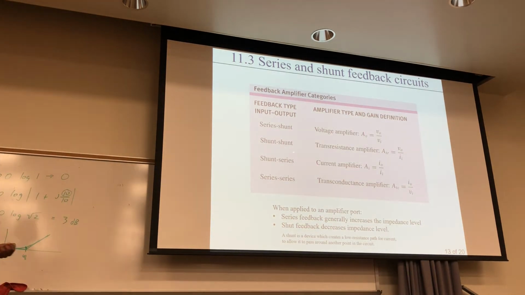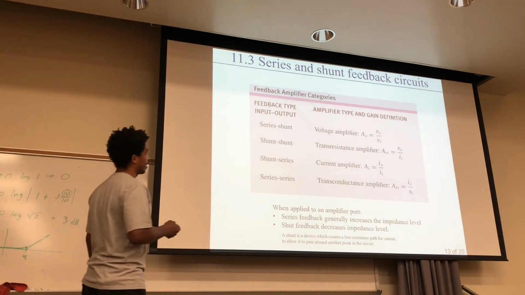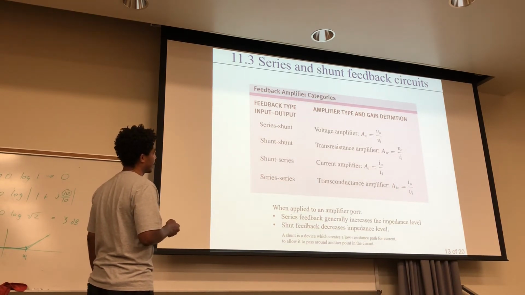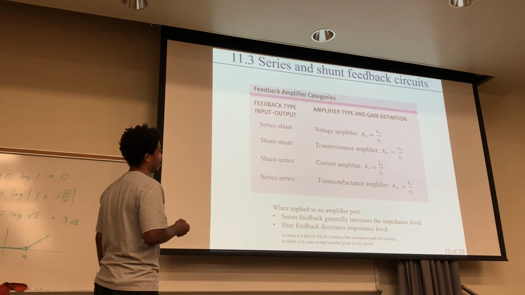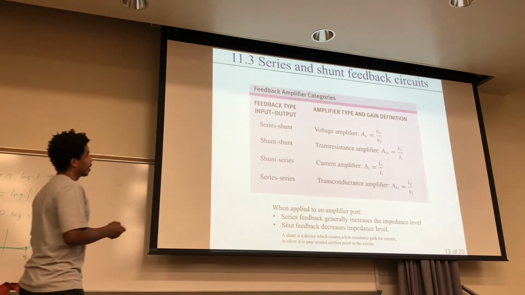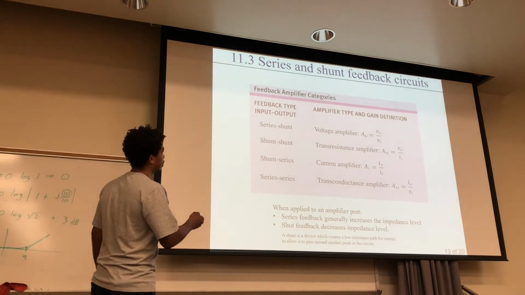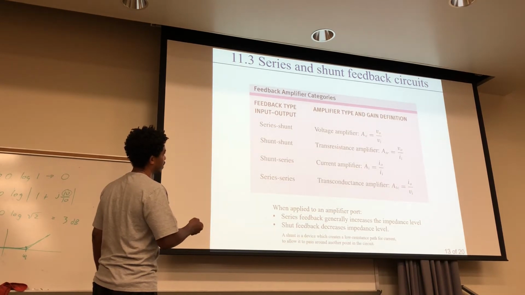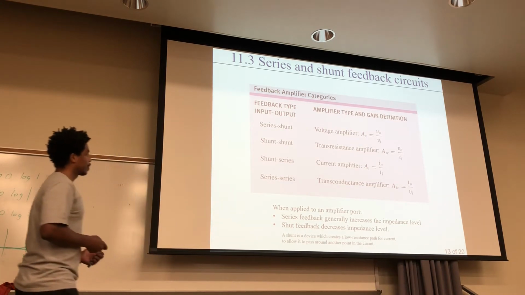You have a shunt, and that's typically used if you need a transimpedance amplifier, or a shunt series, you need a current amplifier, and in series, if you need a transconductance amplifier. And here are all the gains in that. Okay, and we'll be using these suffixes right here: V for voltage, TR for transresistance, I for current, and TC for transconductance.